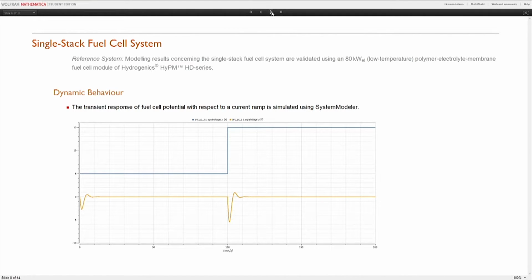And actually, if you know the polarization curve with the fitted characteristic parameters, and you know a little bit about this transient response of the fuel cell potential, you know enough about a fuel cell to make the first investigations and the first thoughts of how to analyze, optimize, and improve this. So basically, everybody can start afterwards trying to build at least the electrical side of a fuel cell.